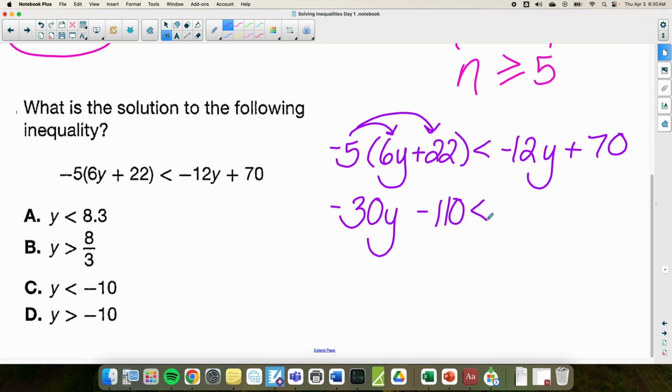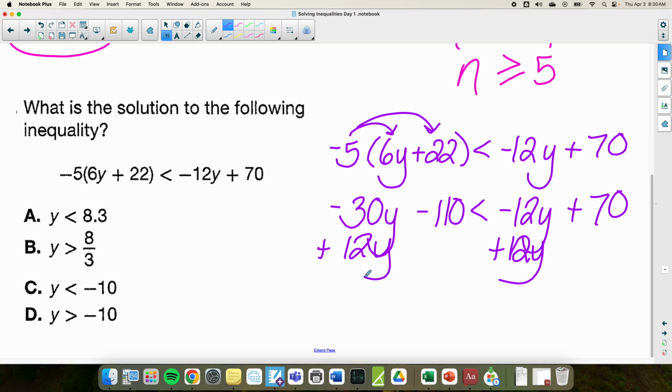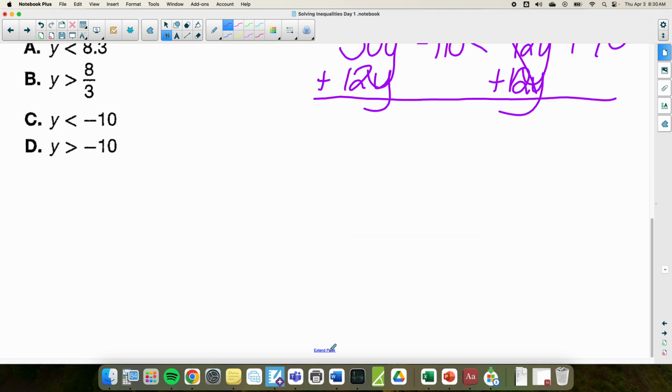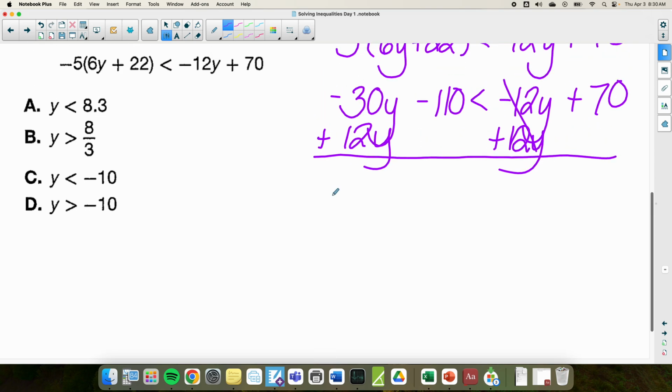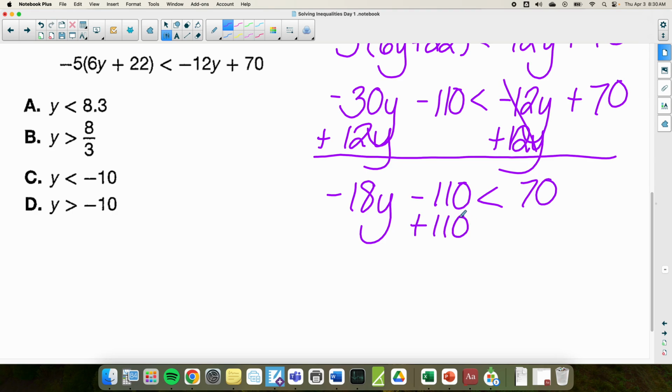And then I still have is less than negative 12y plus 70. Okay? Now I'm going to bring that y over, so I'm going to add 12y. Negative 30y plus 12y is negative 18y. And then I have minus 110 is less than 70. And then I would add 110.